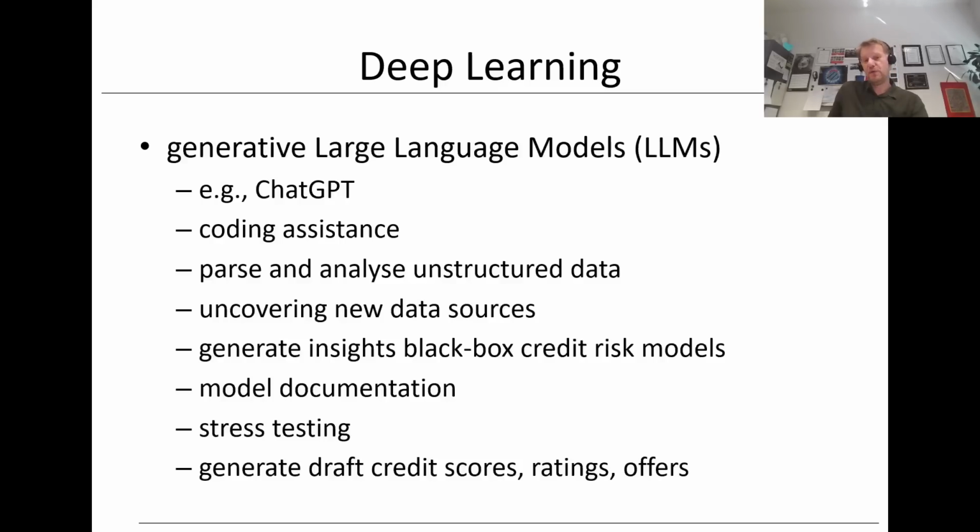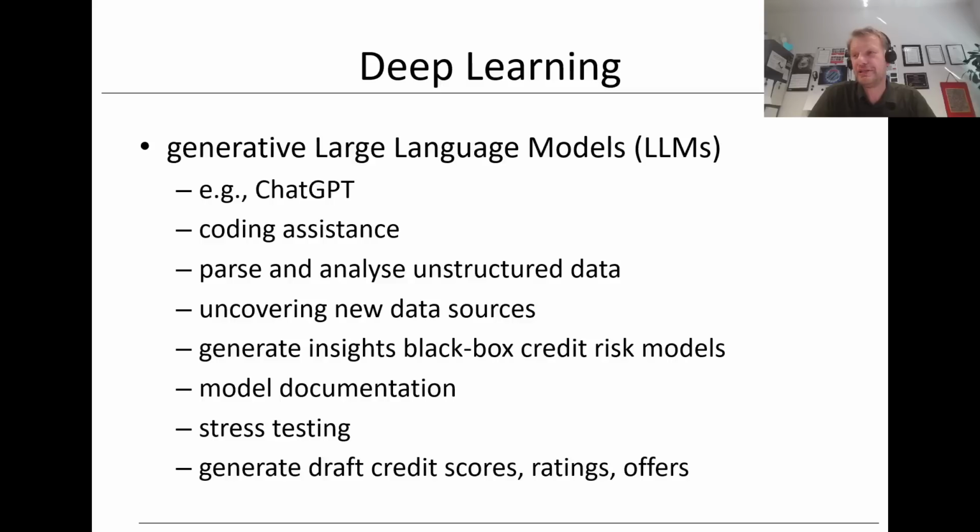Then I have to say a few words about generative large language models, LLMs, the most popular one being ChatGPT. Large language models can be very interesting for providing you with coding assistance. I use it a lot when I do some Python coding, because I don't use Python a lot.